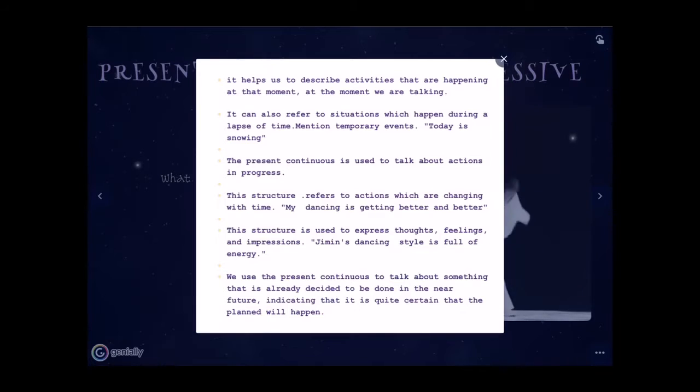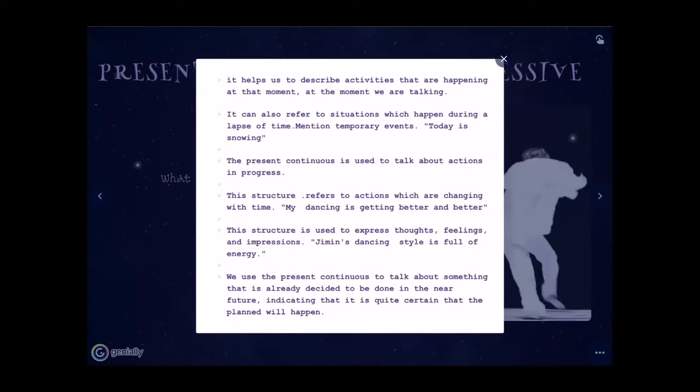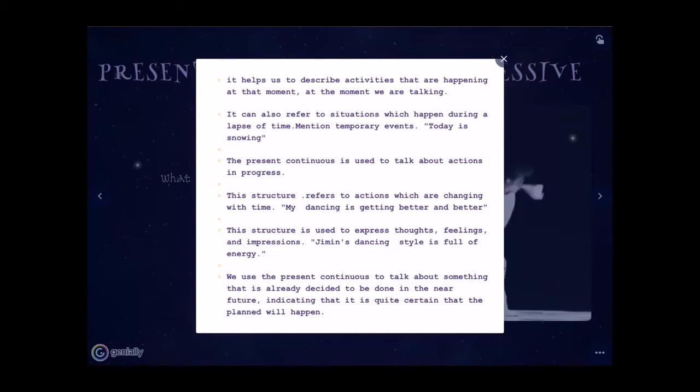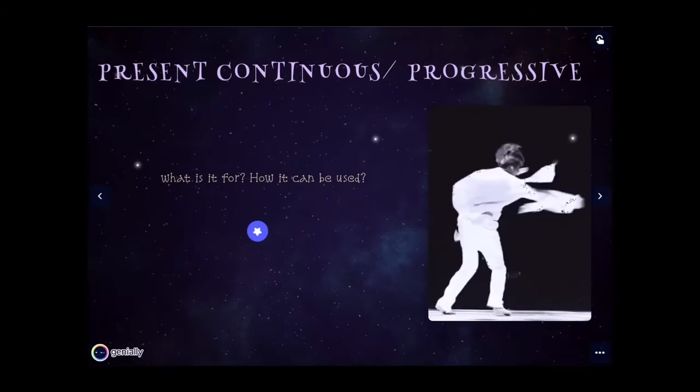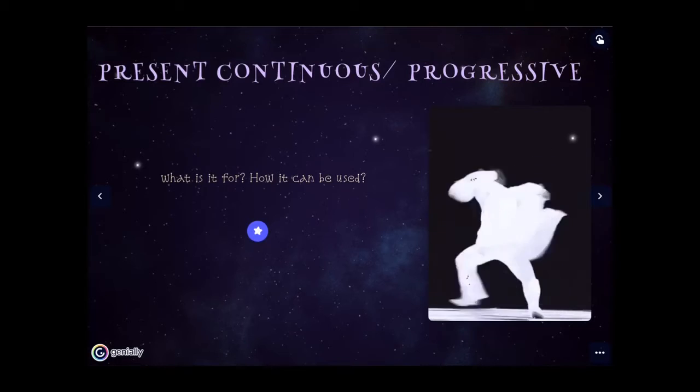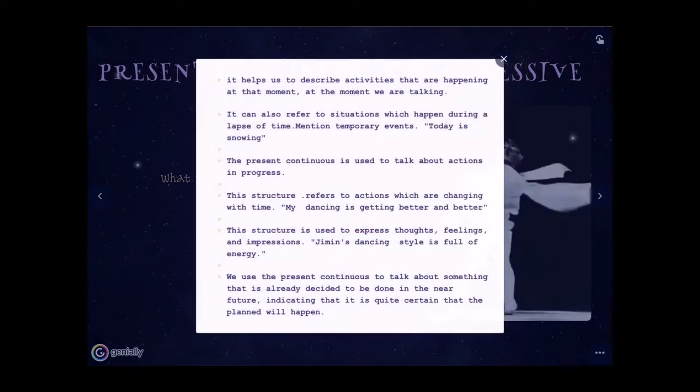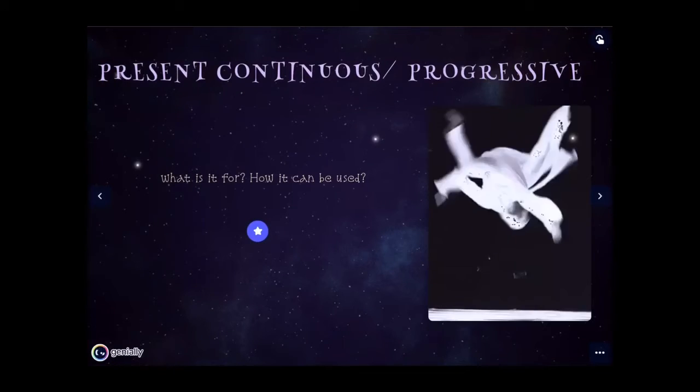Also, we have an example like Jimin's dancing style is full of energy. The verb is the action. Jimin is dancing. So the present continuous can also be used to talk about impressions and thoughts.